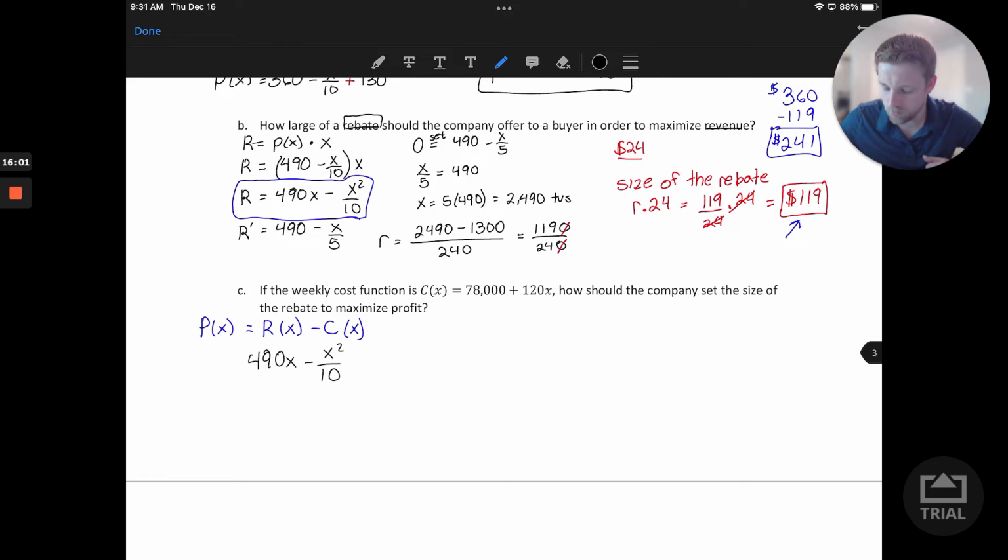That is our revenue, and we're going to take that and subtract our cost. So this is our cost for production. And again, that's our P of X function.